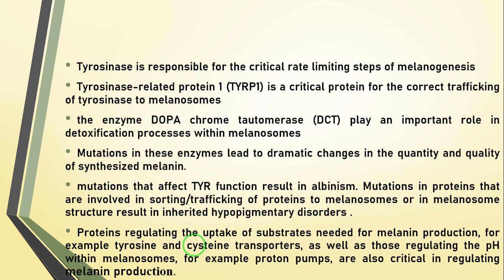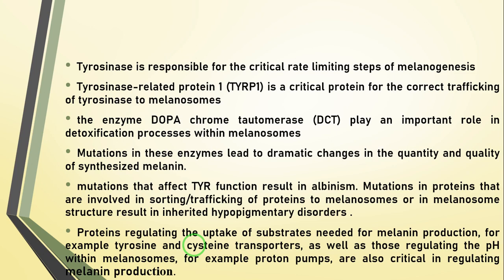Other, for example, we have transporters. So if we have a defect in the transporter of the melanin, or in the cysteine or tyrosine transporter, or in the protein that regulates the pH inside the melanosomes, or in the proton pumps inside the melanosomes that are involved in the production of the melanin, all these lead to a pigmentary disorder.